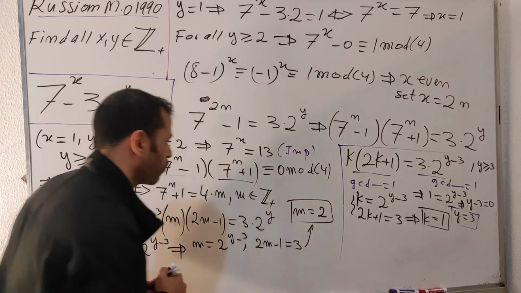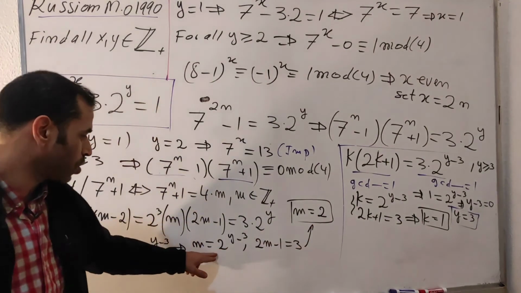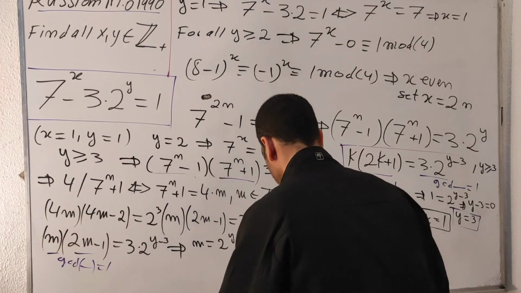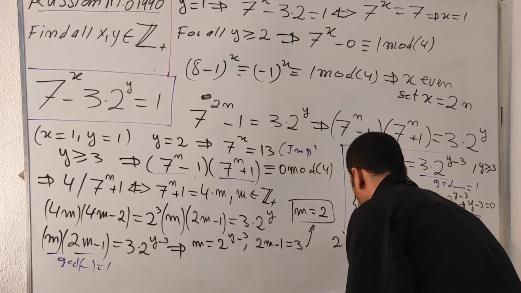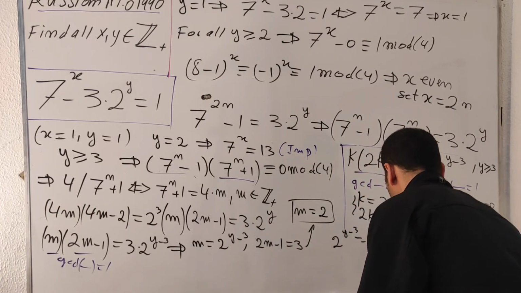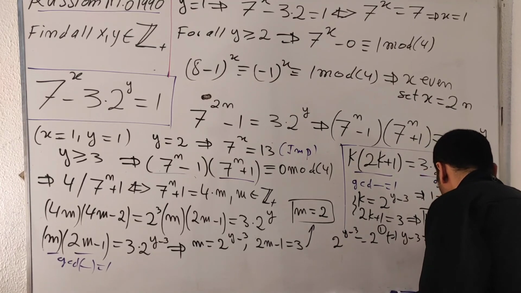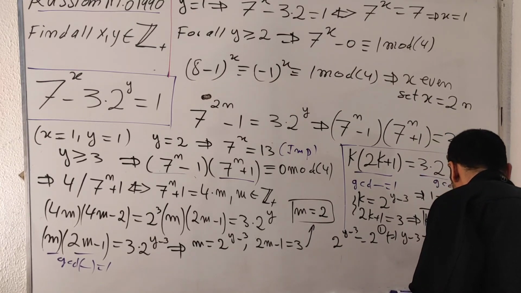So I get the value of m equals 2. I'm going to insert this value of m into this one to find y. So I get here 2 to the y minus 3 equals 2. Exponent is 1 here. Thus y minus 3 equals 1. In other words, y equals 4.